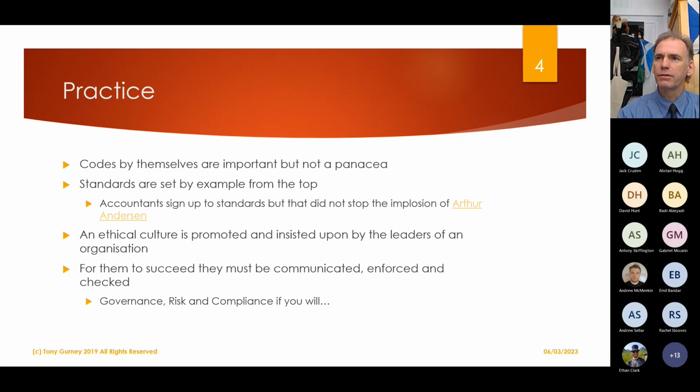Sounds like risk. And then you check whether that's been done, and you take the appropriate action if required. So code of conduct is governance, risk, and compliance in microcosm.